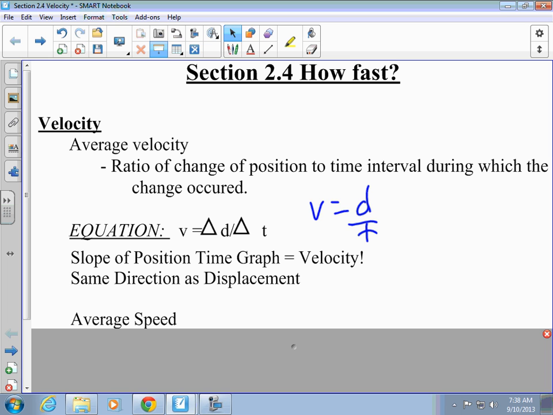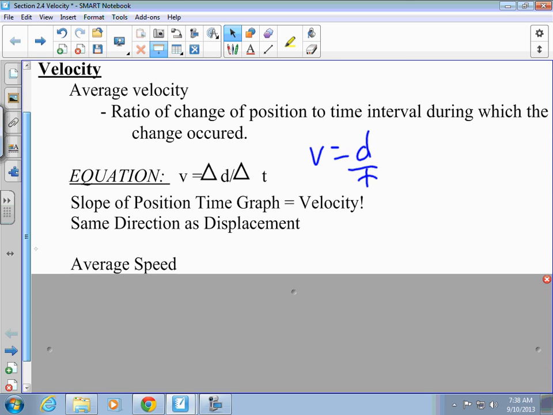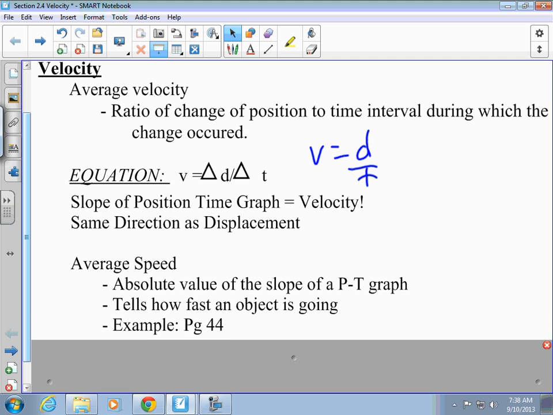And then we can have average velocity and average speed, which are the same thing, except velocity doesn't really have the speed involved. So if you wanted to figure out the average speed, you're going to take the absolute value of the slope in a PT graph, which we just kind of circled on the next slide already.